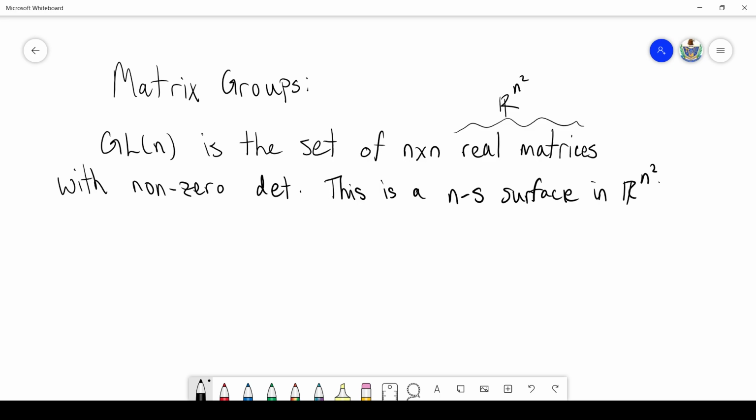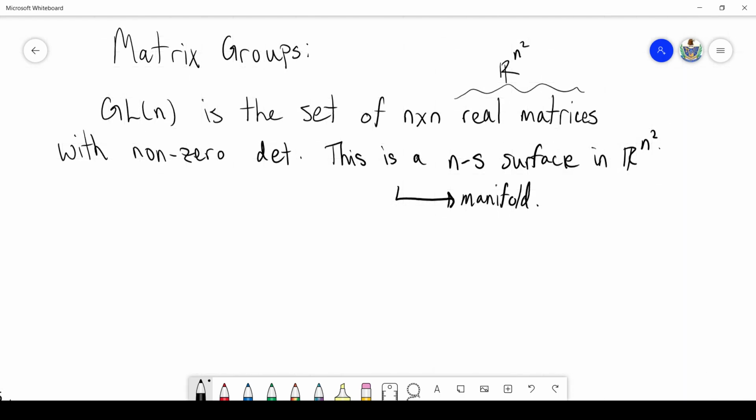So, therefore, it is a manifold, since non-singular surfaces are manifolds. There's also the special, so this is called the general linear group. So that's what the GL stands for.